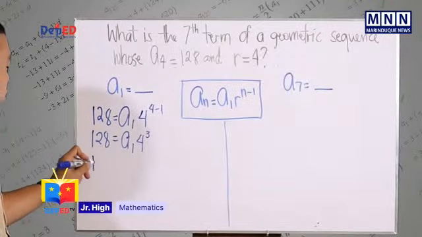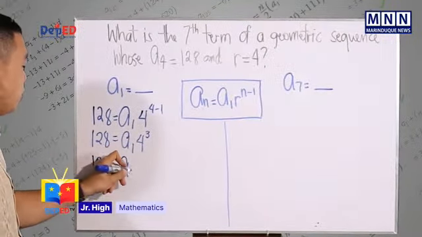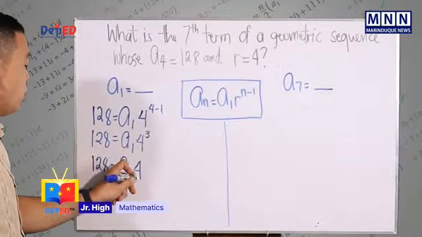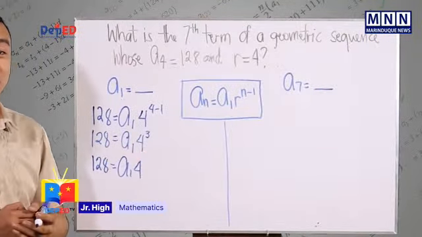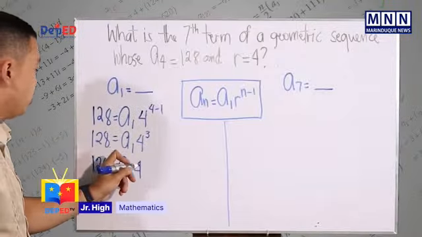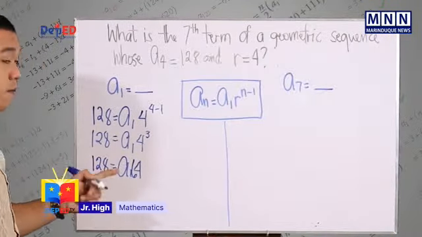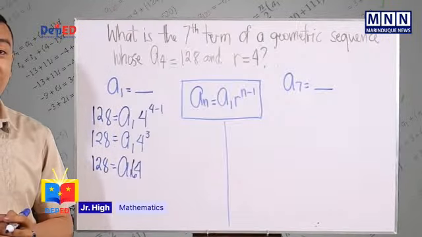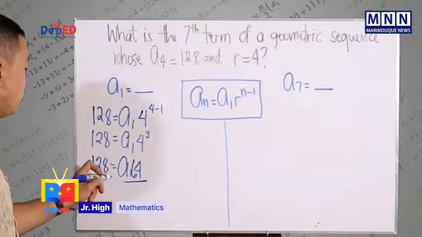Next, we will have 128 is equal to a sub 1 times 4 cubed; multiplying 4 by itself 3 times will give us 64. Then, divide both sides by 64 so we can isolate a sub 1.